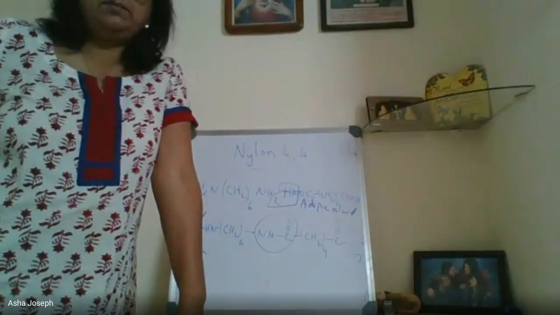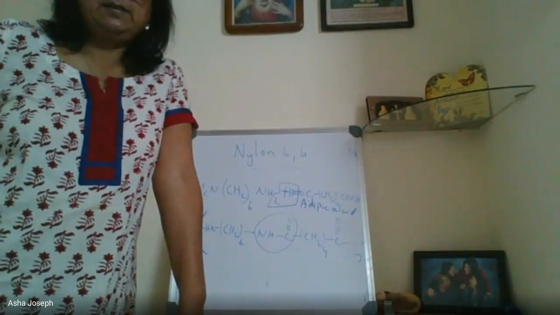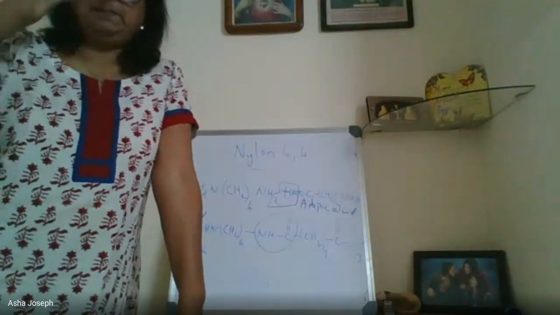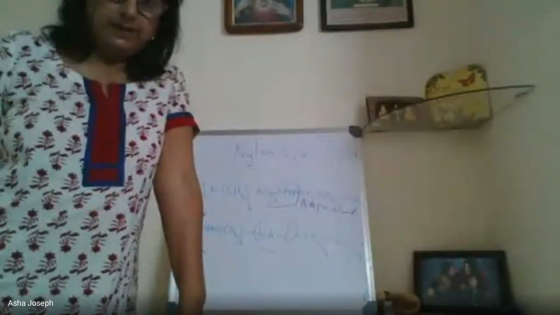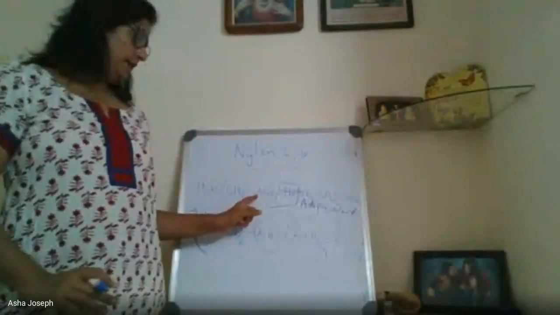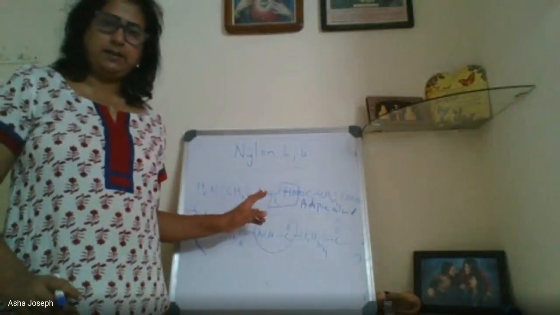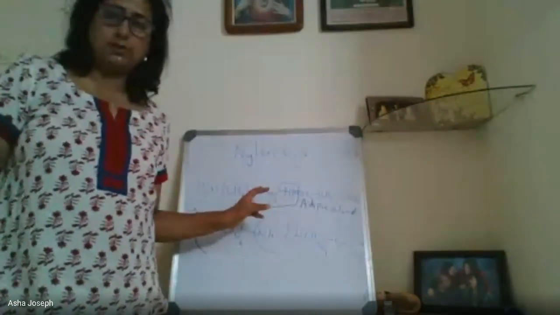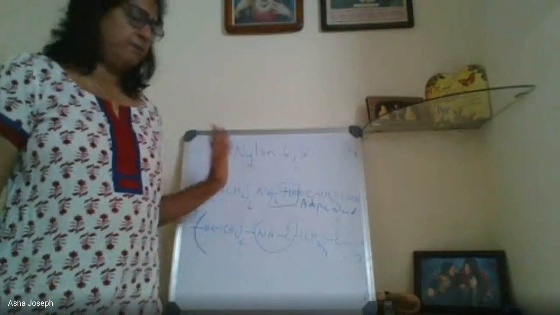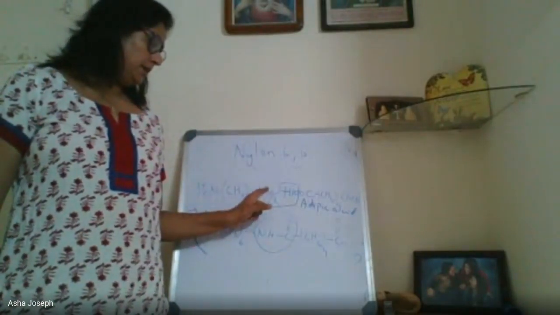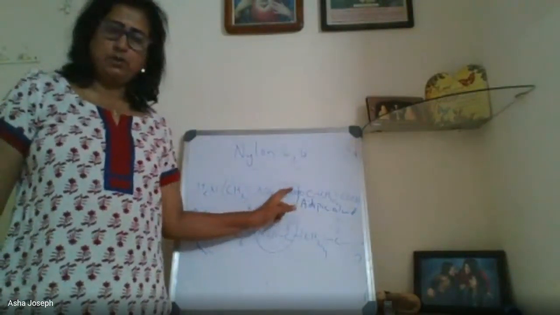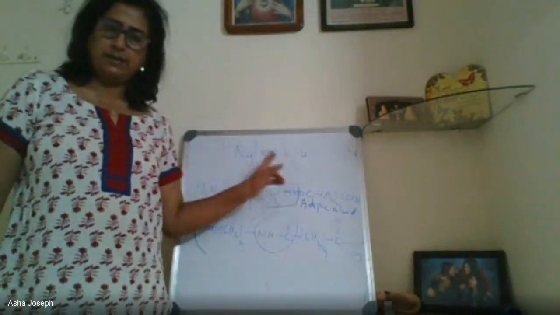Okay, so you learned both the monomers, hexamethylene diamine and adipic acid. Two monomers are there. And so you will write both the monomers and then water elimination, because this is a condensation polymer. Water elimination, H from amino group, OH from the carboxylic acid. Clear?